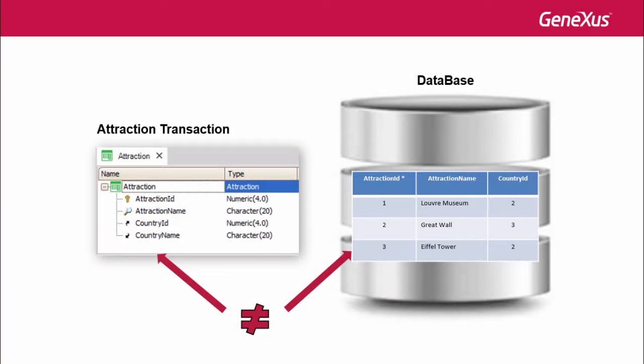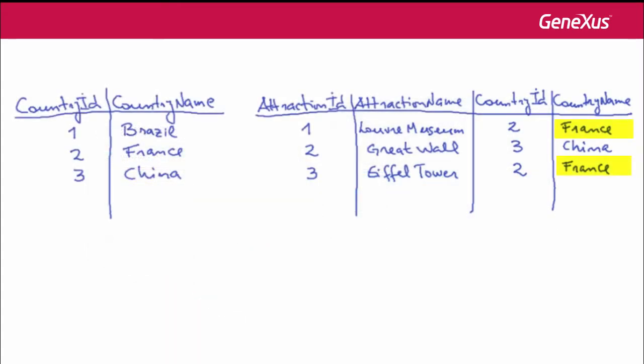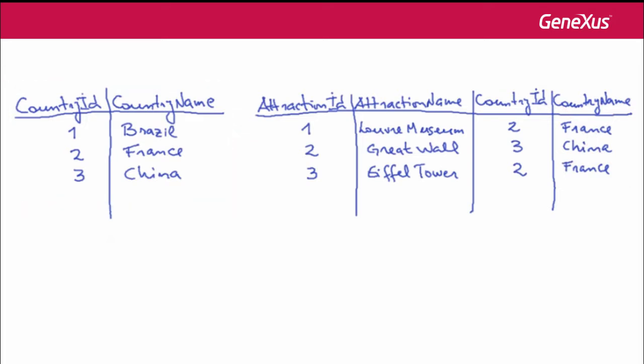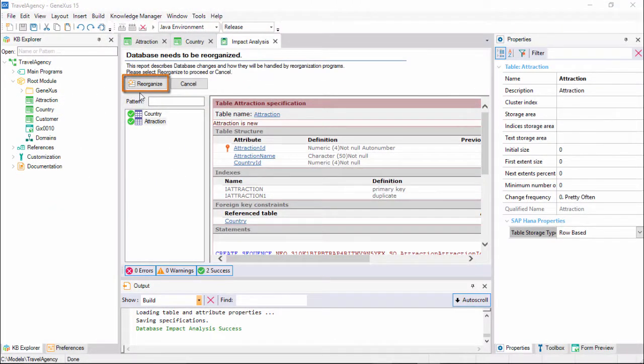We must be aware that not all the attributes included in a transaction structure will later be stored in the physical table created based on this transaction. Storing the country name in several physical tables would mean storing duplicate data. Instead, the country name can be retrieved from a single location where it's stored, which is to say, from the country table. We go back to the development environment and click on Reorganize.